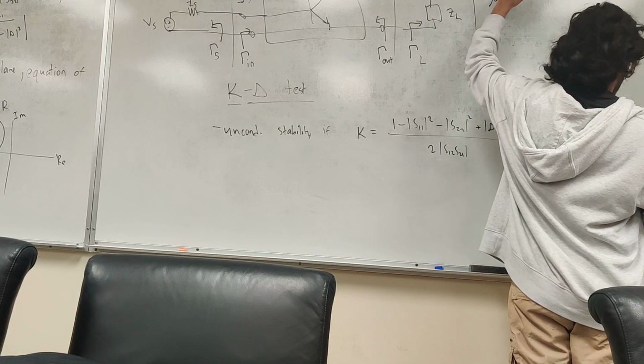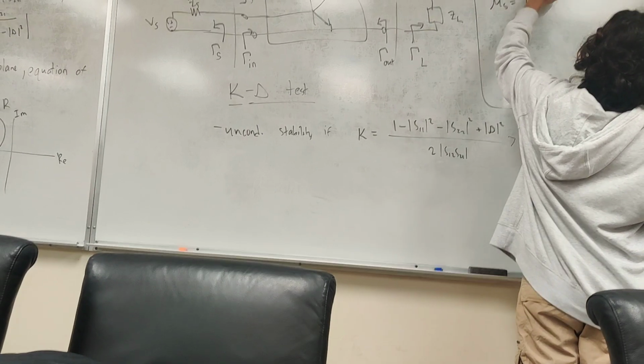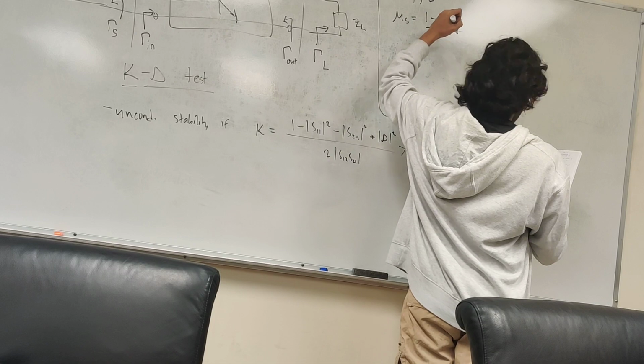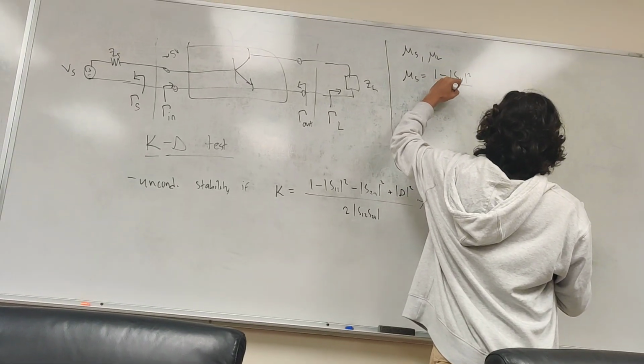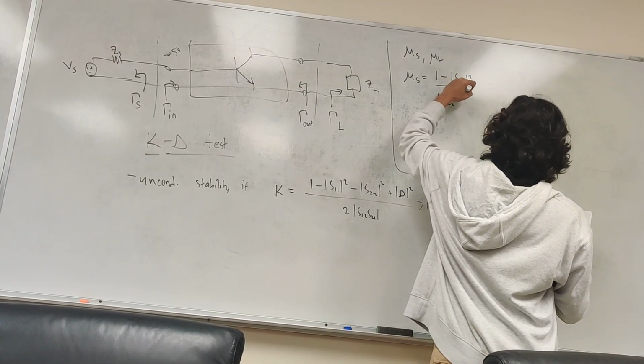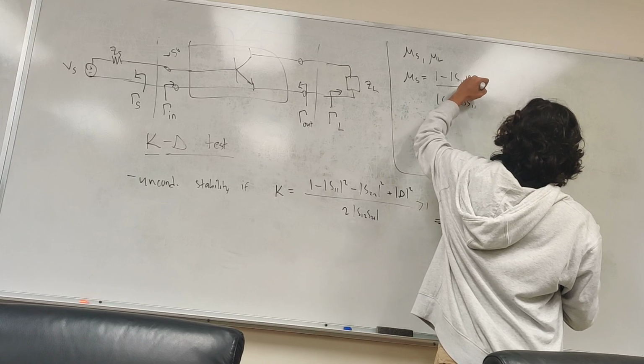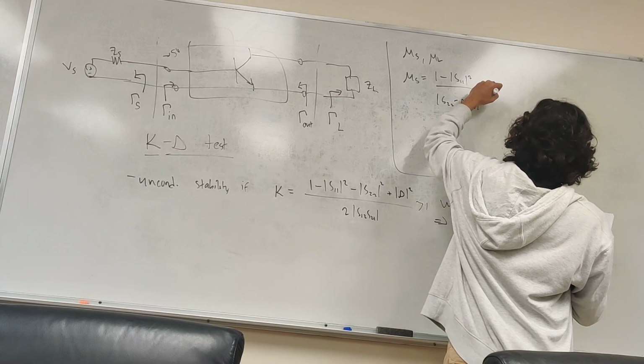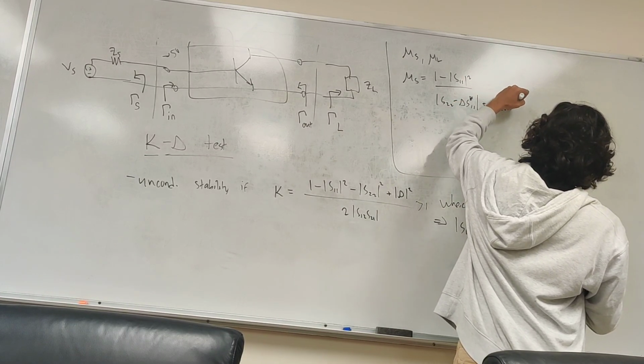So mu S, we're going to say, is 1 minus magnitude S11 squared over magnitude S22 minus delta S11 conjugate, plus magnitude S12 S21.